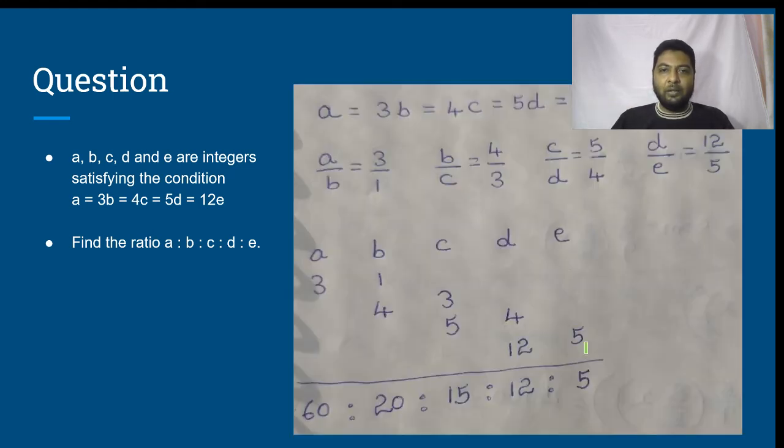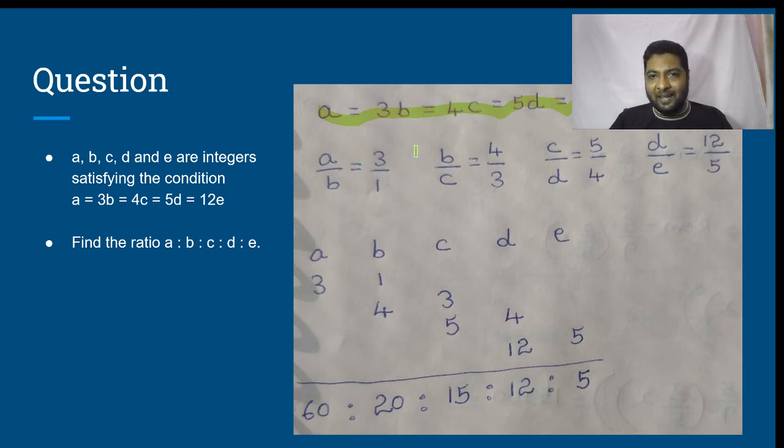Now, let us look at it. A is equal to 3B is equal to 4C is equal to 5D is equal to 12E. If I want A is to B, that is A by B will be equal to 3 by 1. Now 3B is equal to 4C.